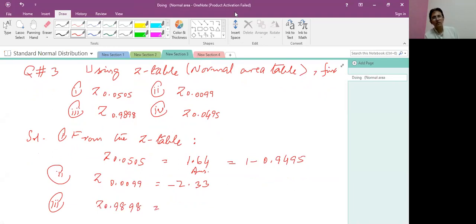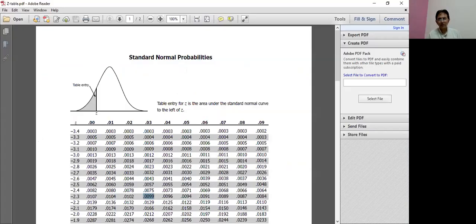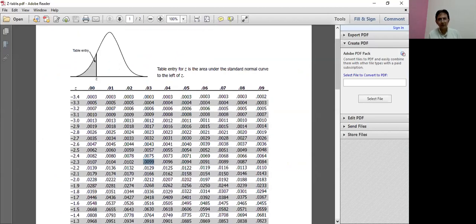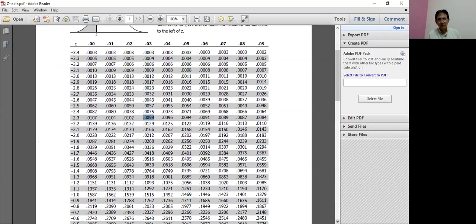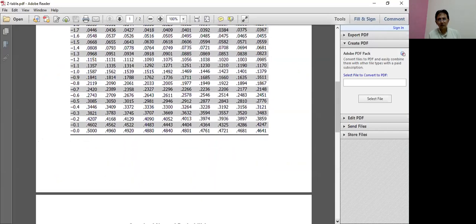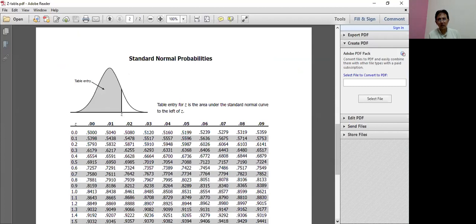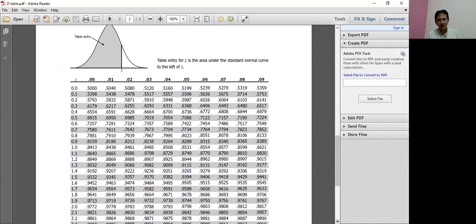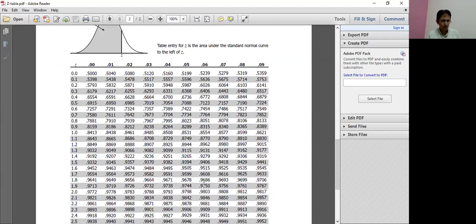Again, we will move to the z table. 0.9899. It means this one is a higher value. So in the next page, we will move in the z table because this value is higher. So 0.9898, if you search in the z table, so 2.32.